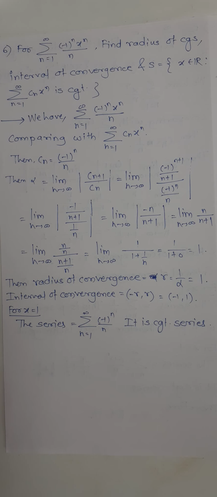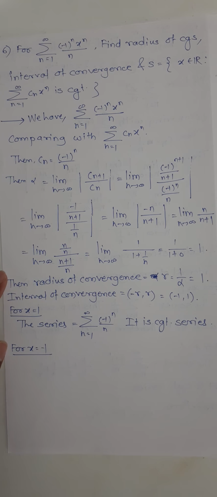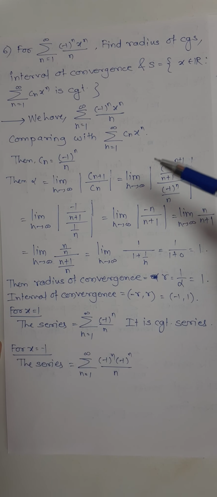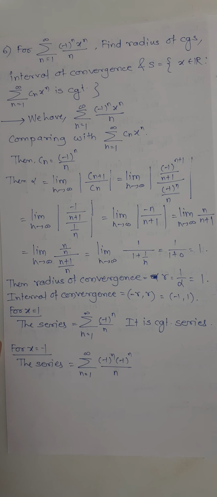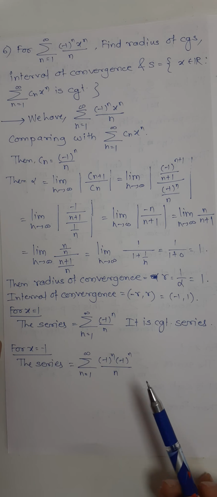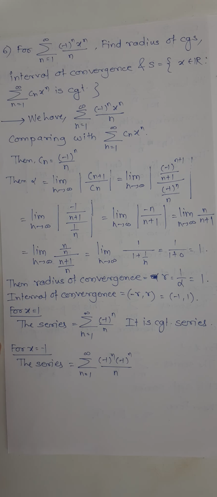Now let us go for x equal to -1. If I put x equal to -1, what will be the series? (-1)^n was already there, and here also we are putting x equal to -1, so (-1)^n. If you take the product, we add the powers, n plus n is 2n.